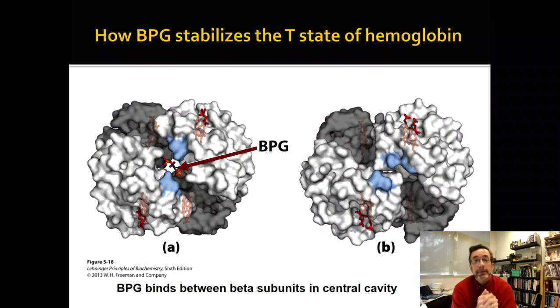What they would do is take their wooden shoes, their sabot, and stick them into the gears of the machine, and it would ruin the machine. It would sabotage it. BPG, in a sense, is like sabotage because it sticks into the gears of hemoglobin, and it messes up the hemoglobin's binding to oxygen.